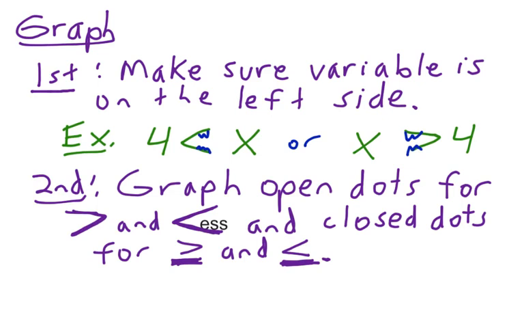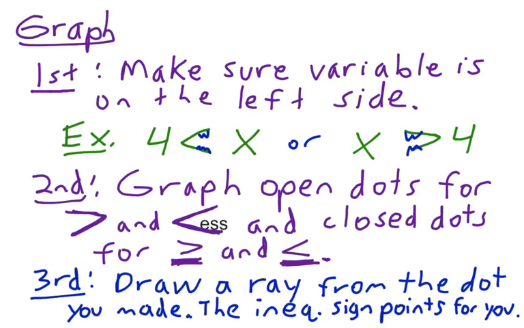Alright, our third step is draw a ray from the dot you just made. The inequality sign points for you. Here's what I mean by that. Think of it as being like an arrow. So if that's your arrow, it's pointing to the right.